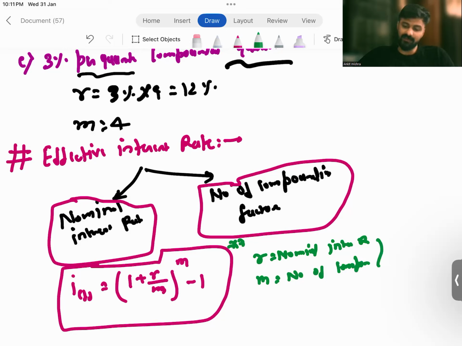Once you calculate the effective interest rate, you can directly substitute this value in your formula and calculate the value of any particular asset in the future and present time. This is how the effective interest rate can be calculated.